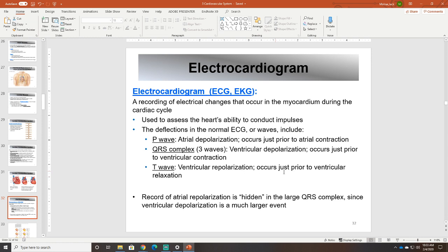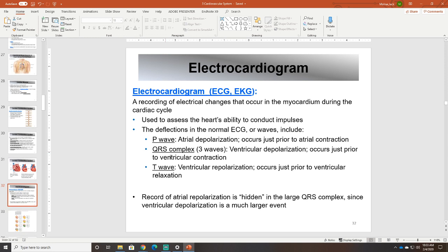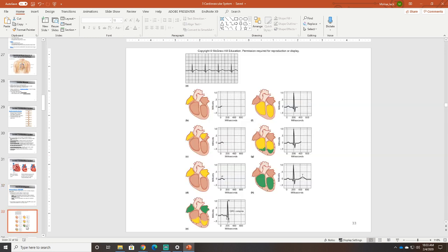And this occurs right before ventricular relaxation. Now, you may be asking, where is atrial repolarization? And that's hidden in the QRS complex. The QRS complex is a much bigger electrical event, and so we aren't able to detect atrial repolarization because it's happening during the QRS complex.